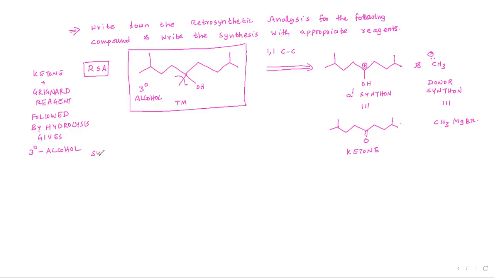And now we'll write down the synthesis for this. CH2, CH2, CH2, isopropyl, CH2, CH2, C double bond O, again CH2, CH2, isopropyl. So this is a Grignard reagent, CH3MgBr.